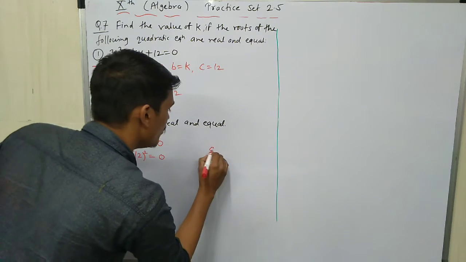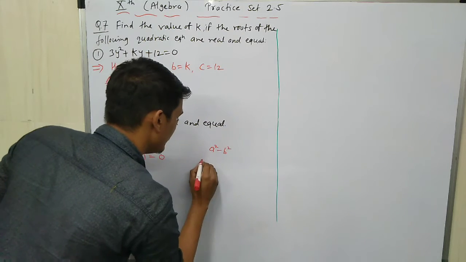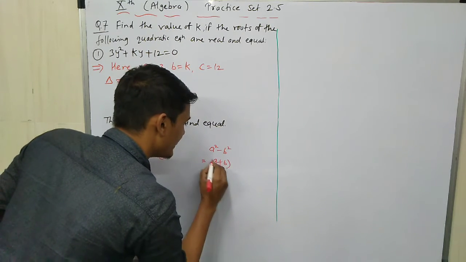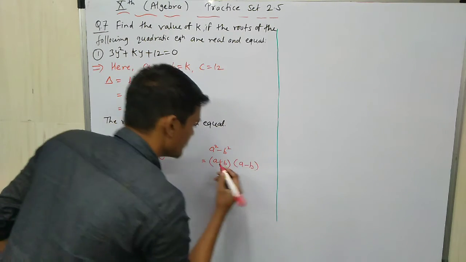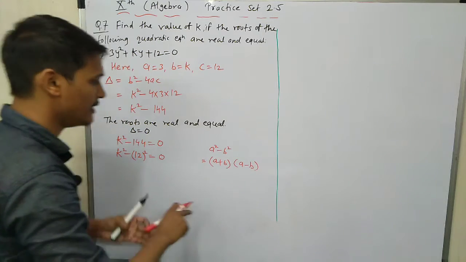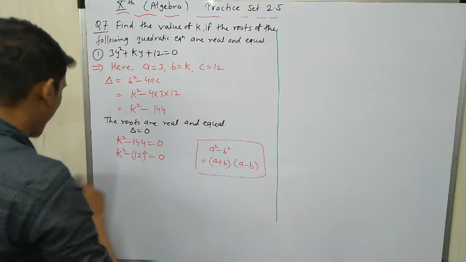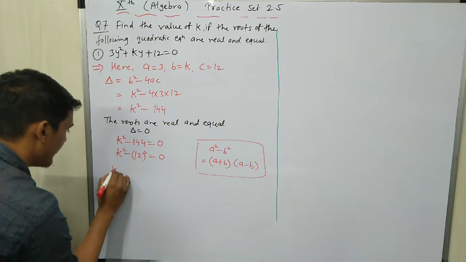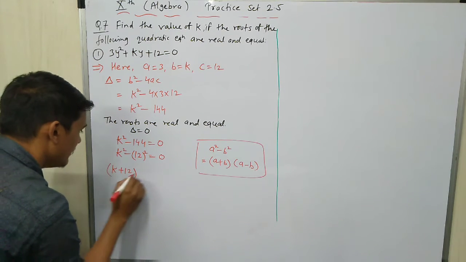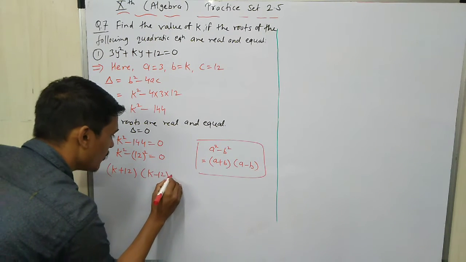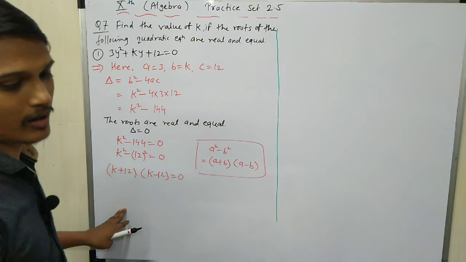Now there is a square minus b square, which is equal to (a plus b) and (a minus b). Understood? Now (k plus 12)(k minus 12) is equal to 0.